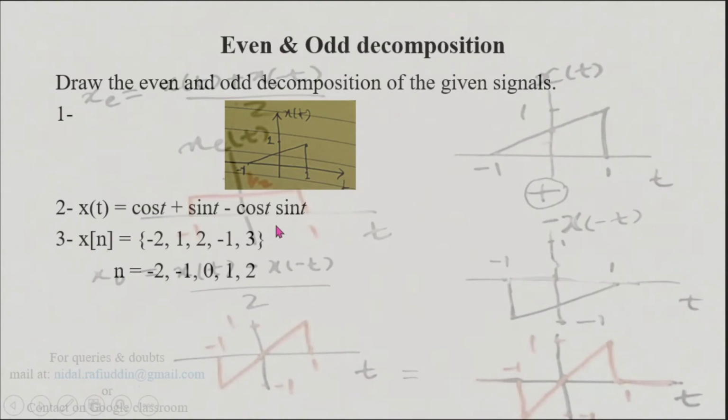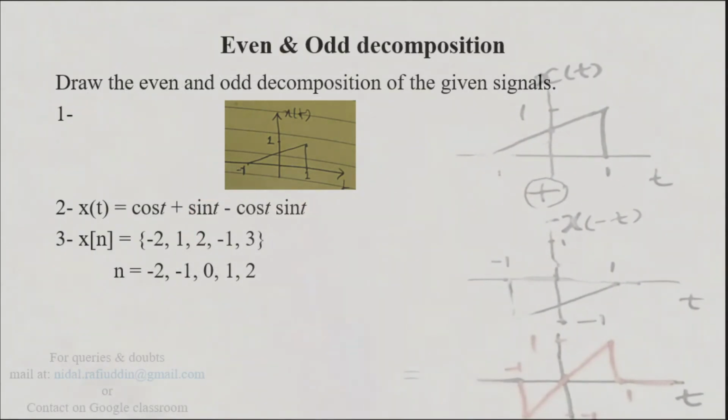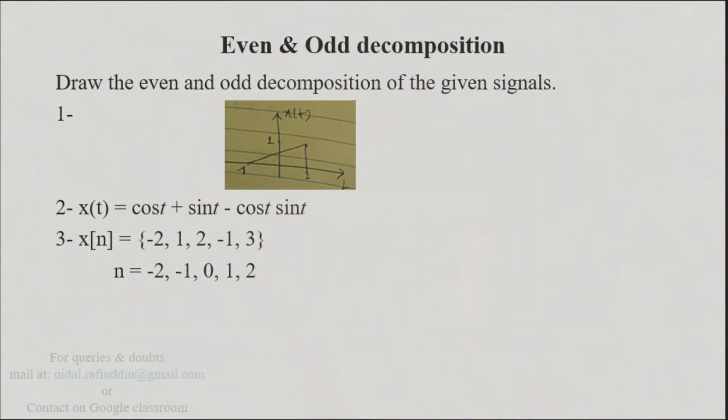It says x of t is equal to cos t plus sin t minus cos t sin t. We are required to obtain the even and odd components of it. So let me write the question again: x of t is equal to cos of t plus sin of t minus cos t sin t.